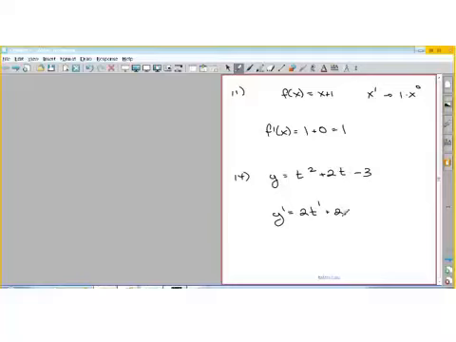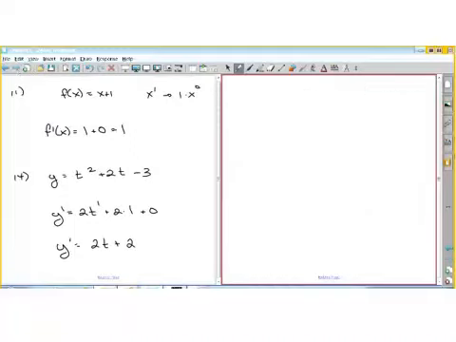So you take the constant, just bring it down, and then you multiply by the derivative of the variable, which is 1. And the derivative of a constant is 0. So our final answer is going to be 2t to the 1st power, not t prime. So just 2t minus 3.